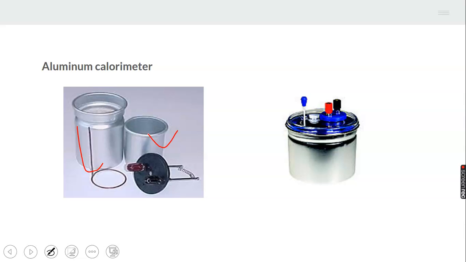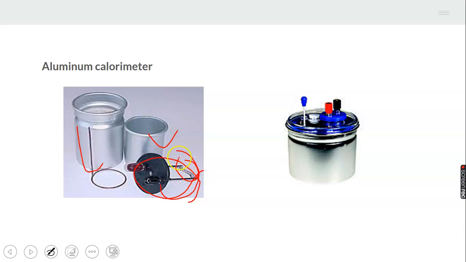The difference between this and the copper calorimeter is that this one can make use of electricity, or it can make use of a cell.